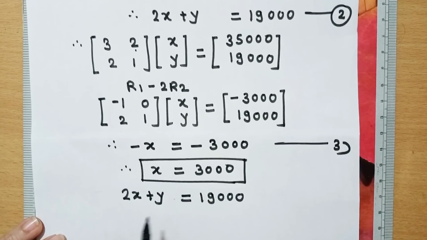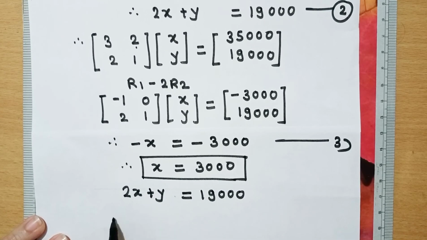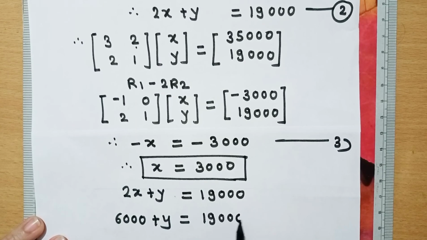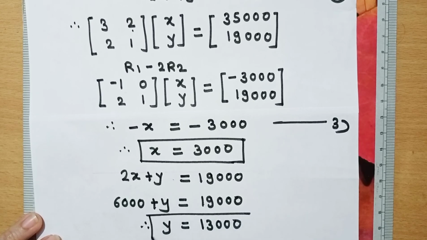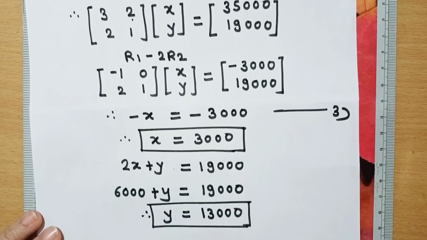So we will substitute this value here. So 2 multiplied by 3,000 is 6,000 plus y is equal to 19,000, and therefore y is equal to 13,000. This is the cost of each VCR.